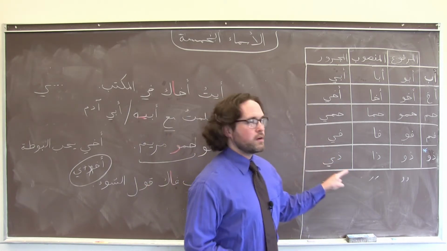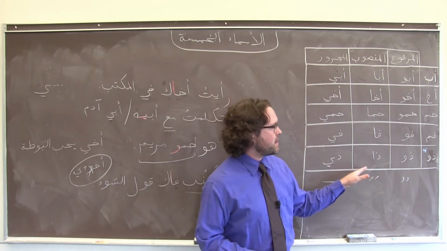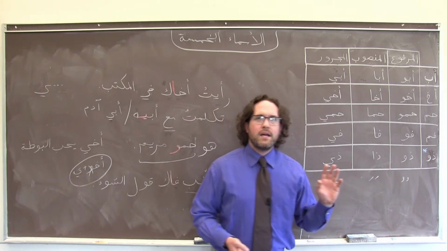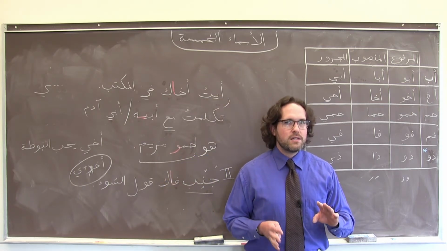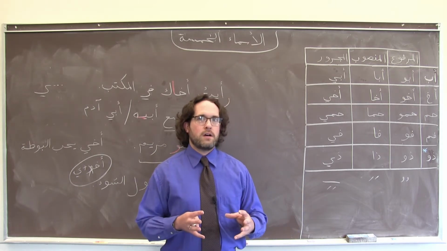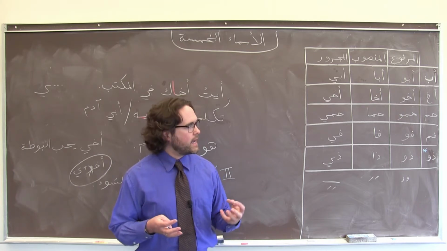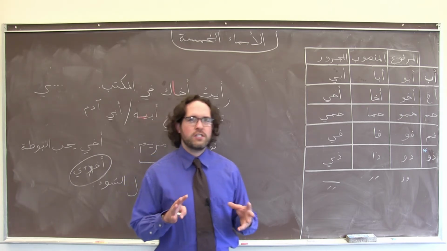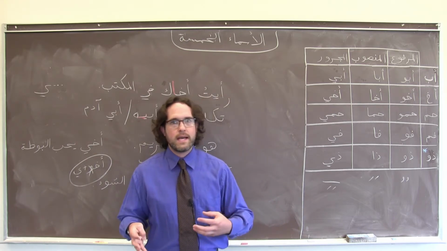Our final word, the final name in our 5 names, al-asma al-khamsa, is dhu. And dhu is unique in a couple of ways. Dhu is a word that we're only ever going to see in an idafa construct. It kind of means having or possessing. And it serves a function similar to other words that you know to express possession, like 'ind or li.